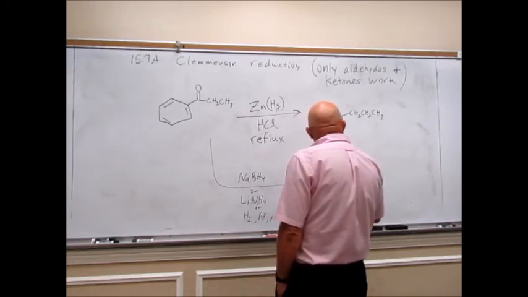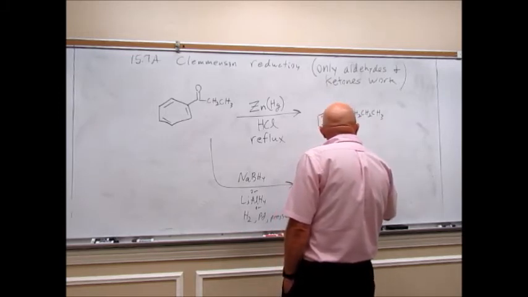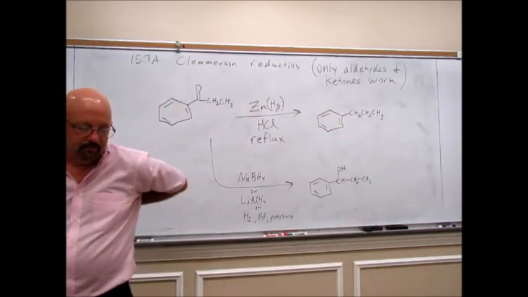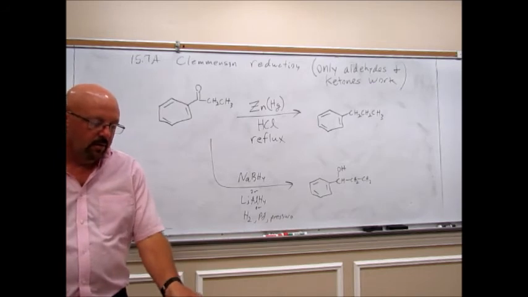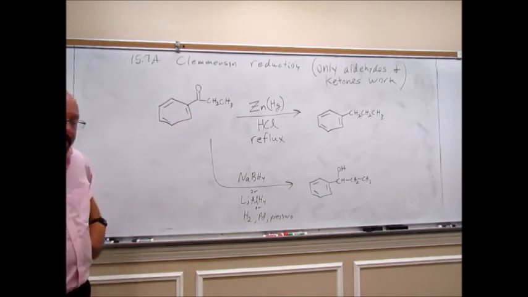But the Clemmensen reduces it all the way to an alkyl group. So it reduces it further than the others do. So it's a different reduction. But both are reductions, you just get different products.